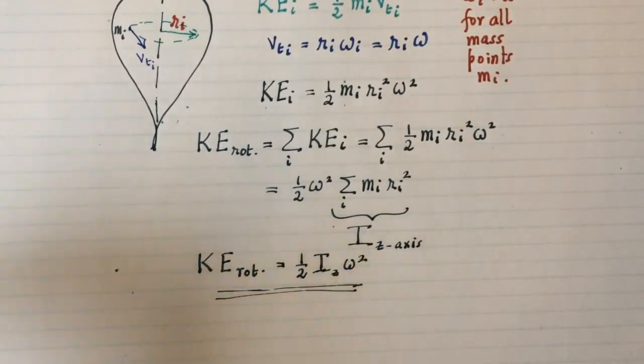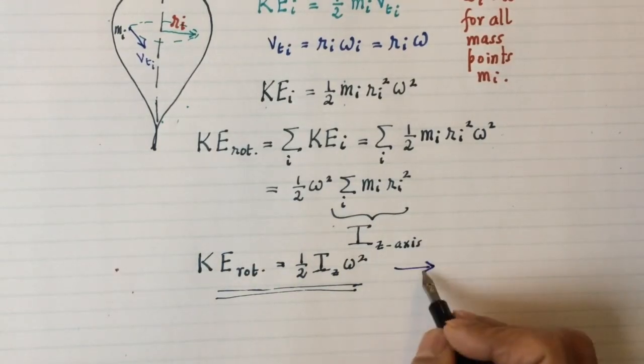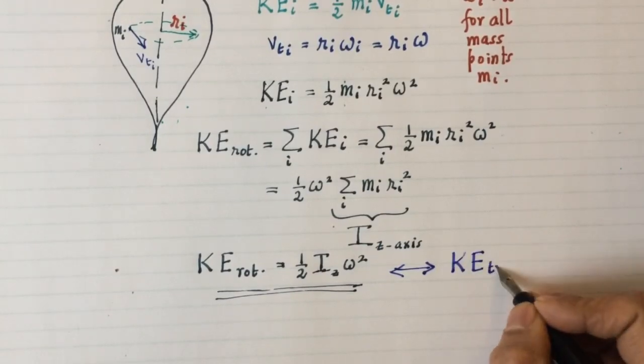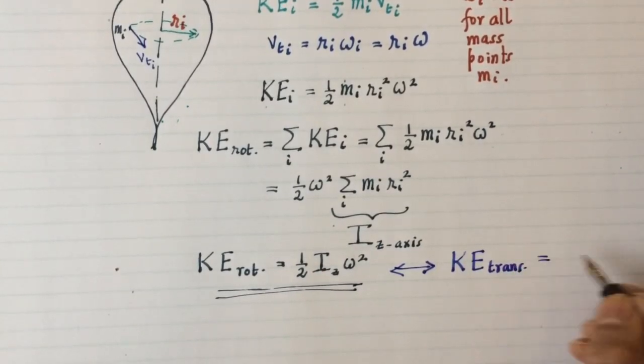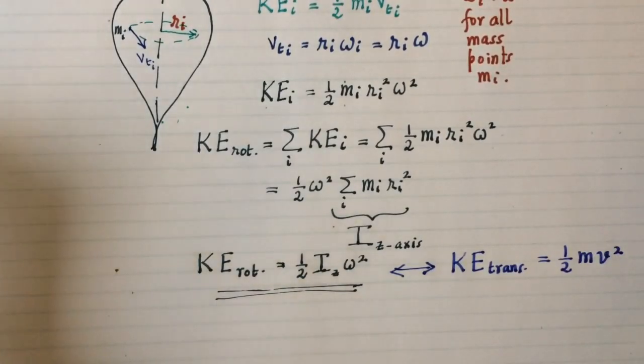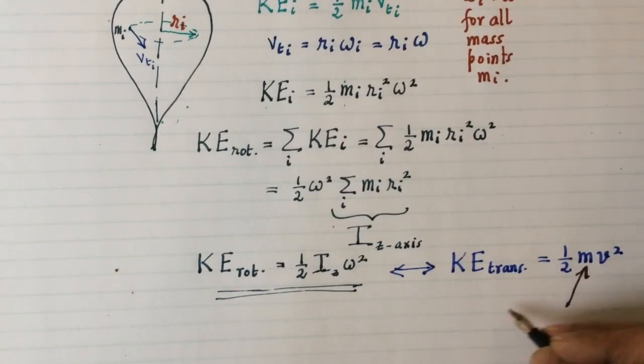Now if you compare and contrast it with what we have for the translational kinetic energy, KE trans, well, that's just 1/2 mv squared. So in a sense, you can think of this mass as linear inertia.